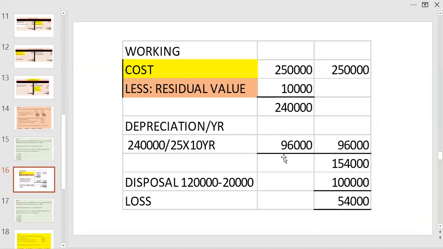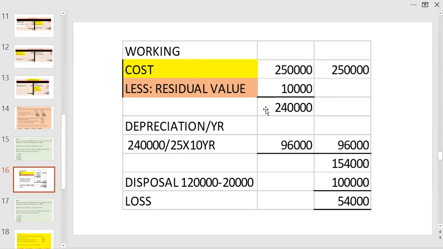First, the students must resolve whether to do depreciation for 250,000 or 250 minus 10, residual value, 240,000. 250 or 240. Since this is straight line basis, the residual value will be recognized. Therefore, it has to be 240.